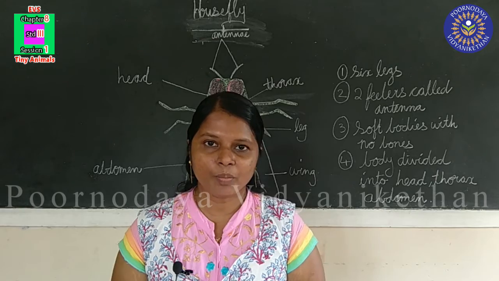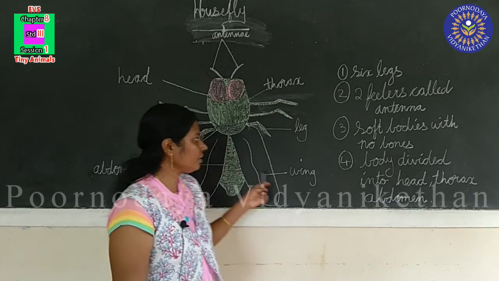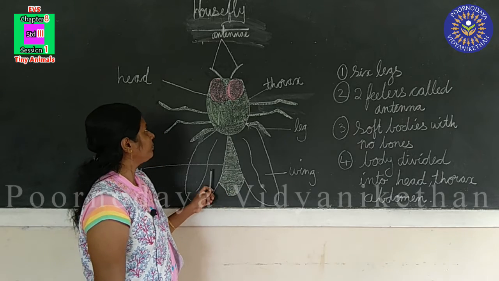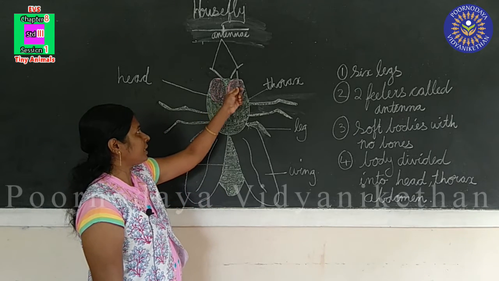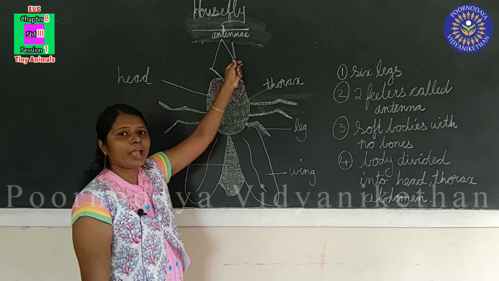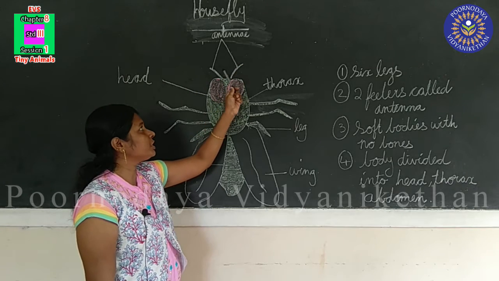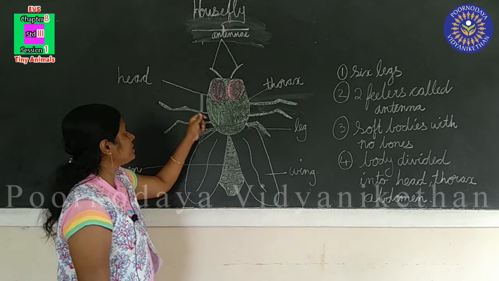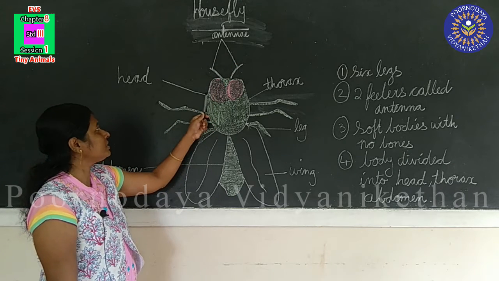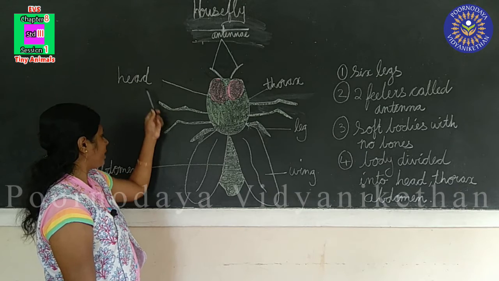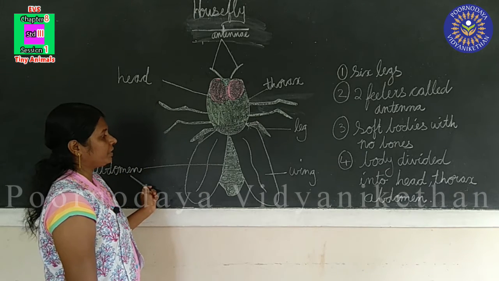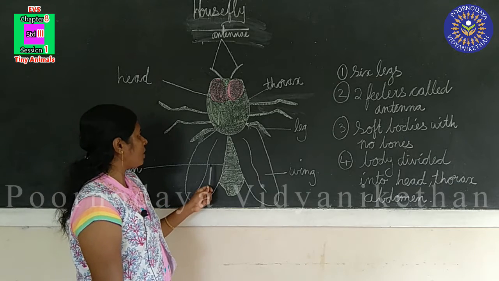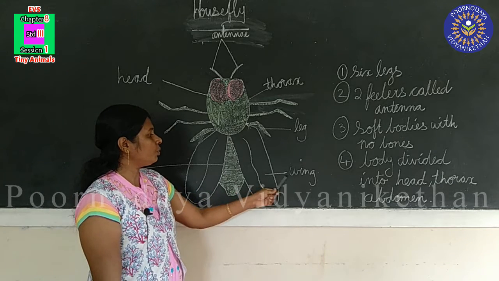Children, look on the board. This is a housefly. And we learned that 2 feelers are there. The 2 feelers of the housefly are called antenna. This is head. And this is abdomen. And the housefly has 2 wings.